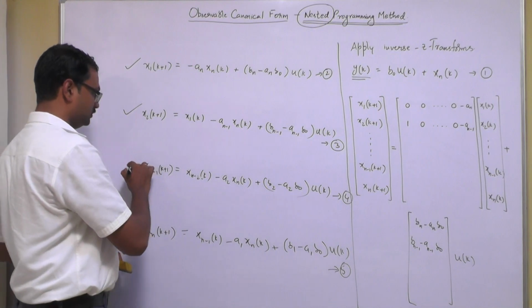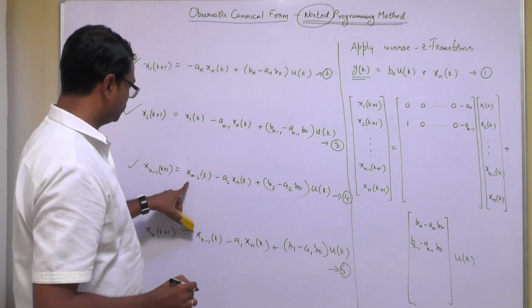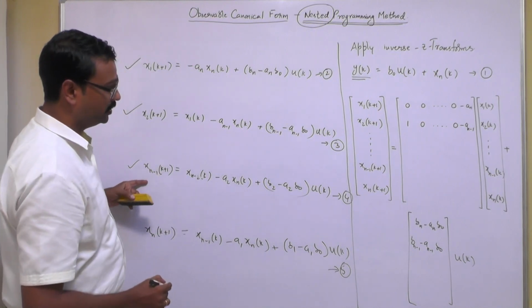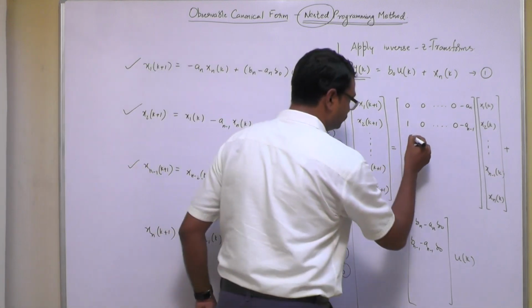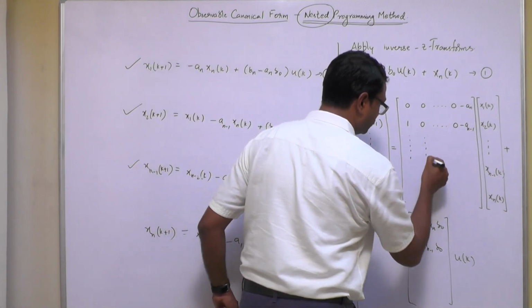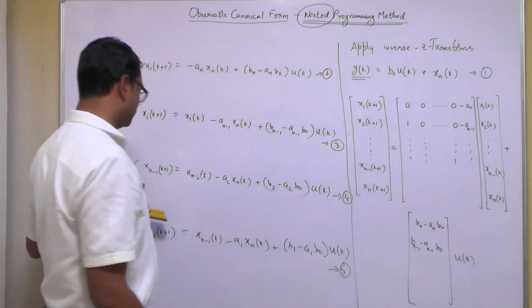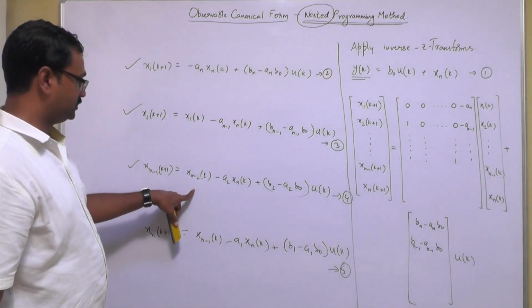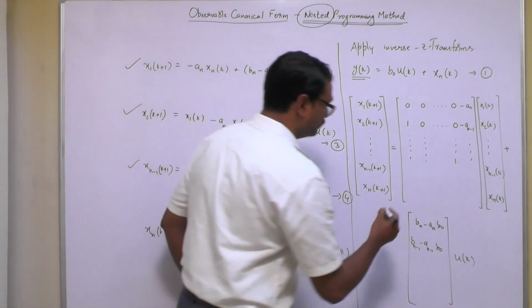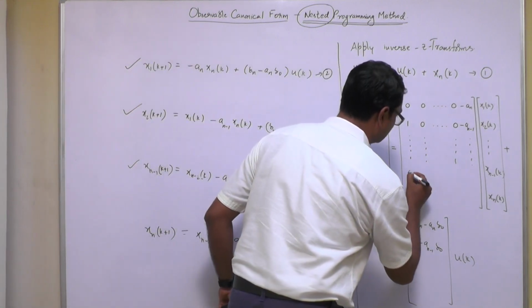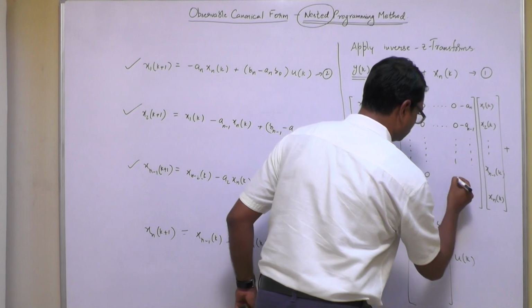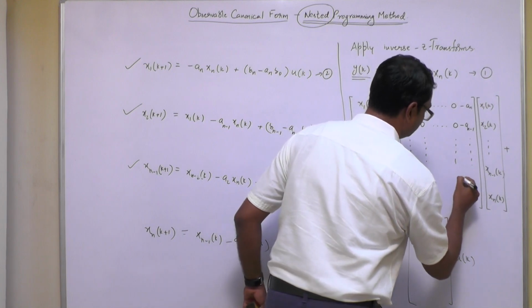So this is done. Now the third equation, this is going on to the last second penultimate equation that we are going to write, and here it is xn minus 2k, or you can say 0 0, and this is also 0.